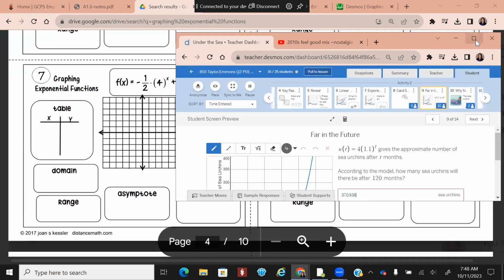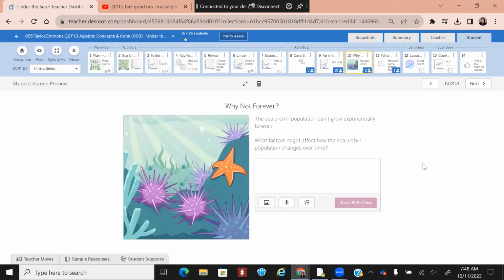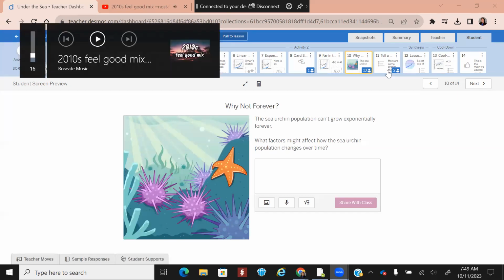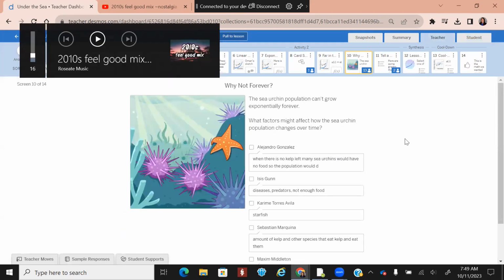All right. Number 10. The sea urchin population can't grow exponentially forever. What factors might affect how the sea urchin population changes over time? Okay. So what things could impact this? Some people say diseases, predators, not enough food.